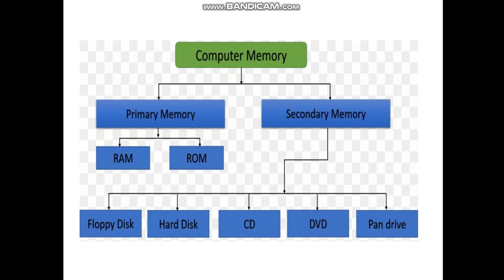BIOS means basic input output system. It is the program which the microprocessor uses to get the computer system started when it is turned on. The contents of ROM are permanent and they stay even when power is switched off.